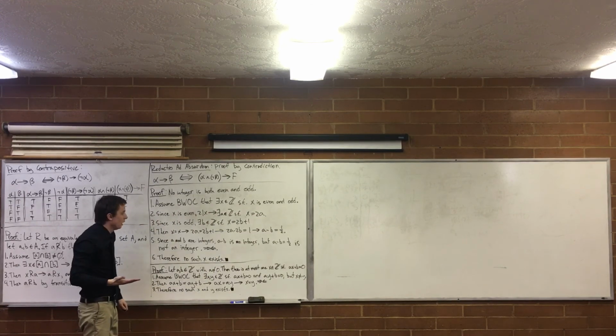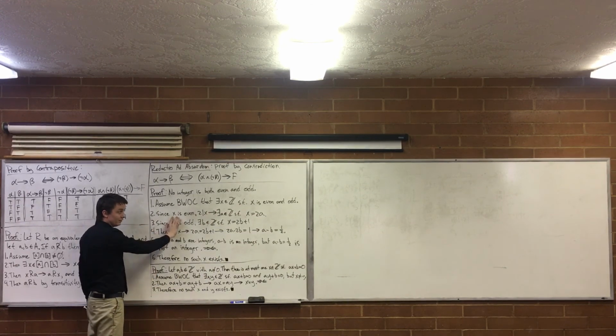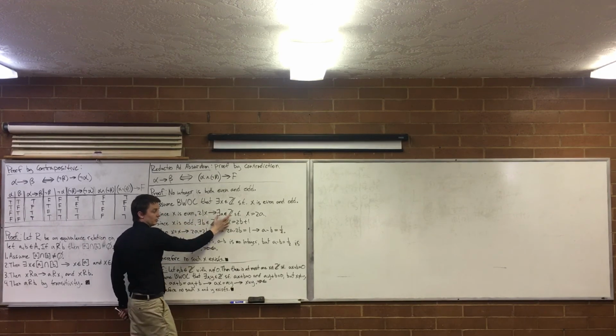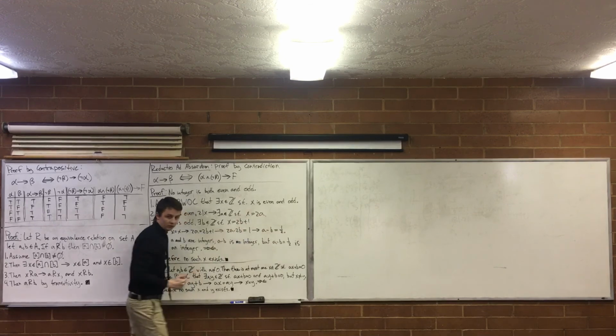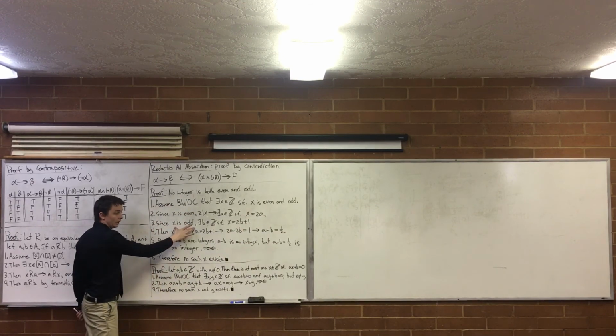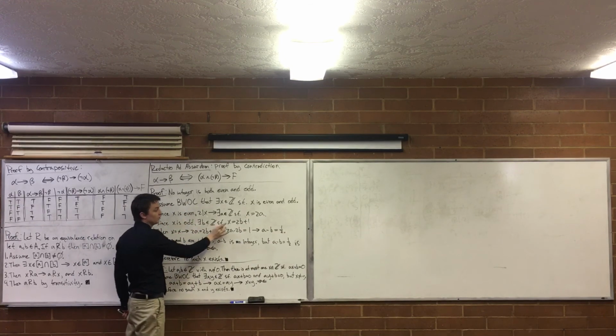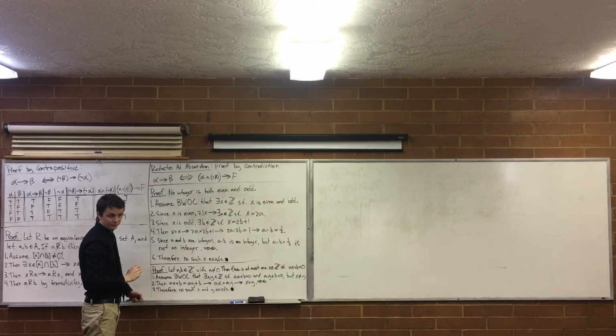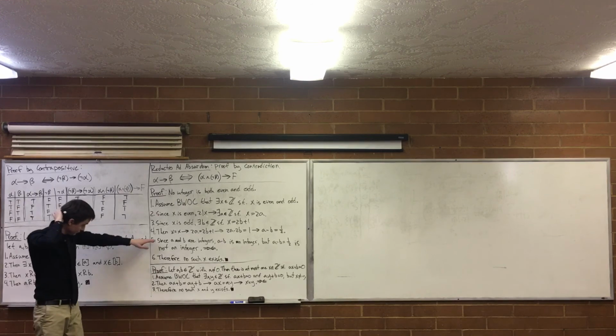Since x is even, 2 divides x, which gives us that there exists some integer a such that x equals 2a. Since x is odd, there exists b such that x equals 2b plus 1.